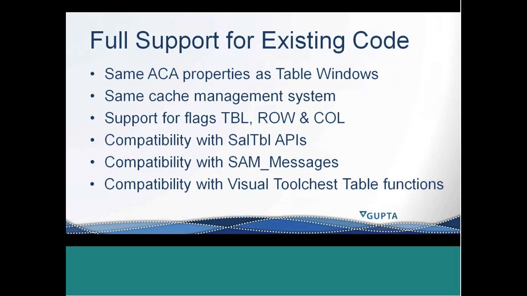Like I said, our goal since the beginning was to provide full support, and we improved on that along the versions that we delivered after Team Developer 5.1, which was our first grid.